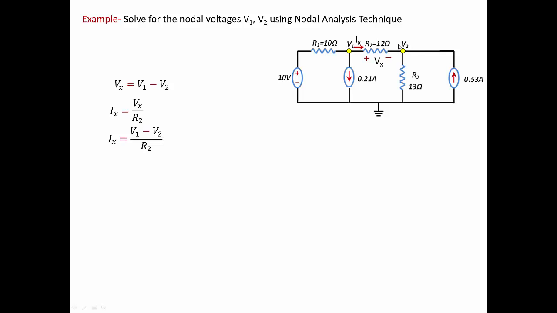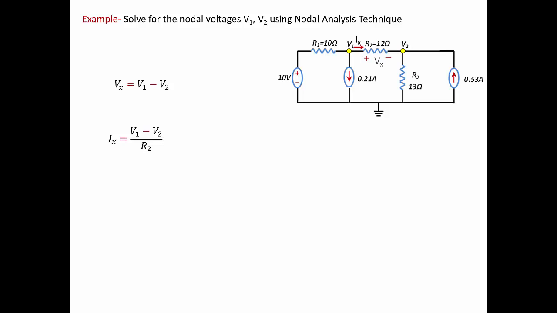So it's going to be V1 minus V2, that's the voltage across it, over the resistance itself. So we can say that Ix will equal V1 minus V2 over R2. So we don't need to go over current equals Vx over R. Basically we're going to say that the current will equal V1 minus V2 over R.